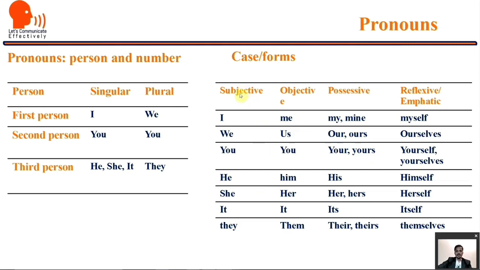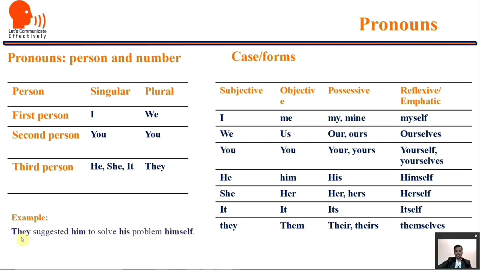The subjective case or form is used mostly as subjects. Objective cases are used as the object of the sentence. When we are making possessive, we use possessive cases, and when we are making emphasis, we are using these reflexive pronouns. Look at this example now. They suggested him to solve his problem himself.